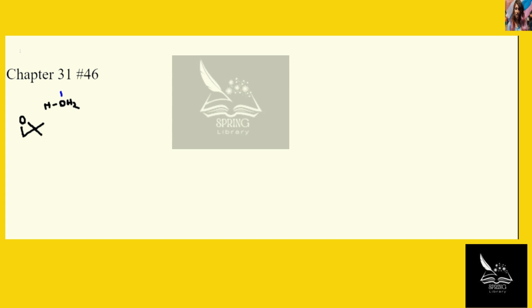So rather than just drawing an H plus, I'll draw the H3O plus. To start, the epoxide oxygen is going to grab that proton. The hydrogen-oxygen bond in the H3O plus will break. So we now have protonated the epoxide oxygen.